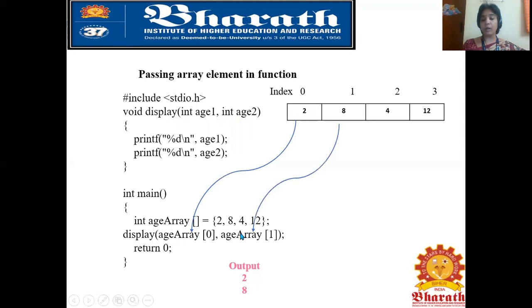And for the second one, age array of 1, which represents the second element, because the index always starts from 0. So the second element is passed as an argument to this function. By doing this, we are passing 2 different values into this function as parameters.